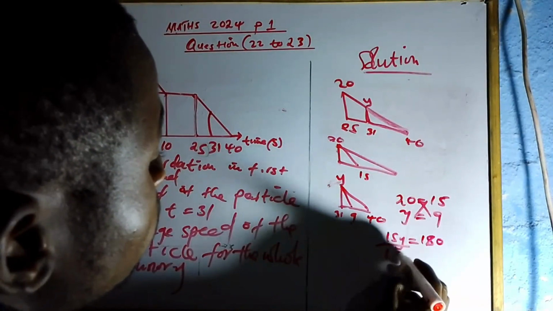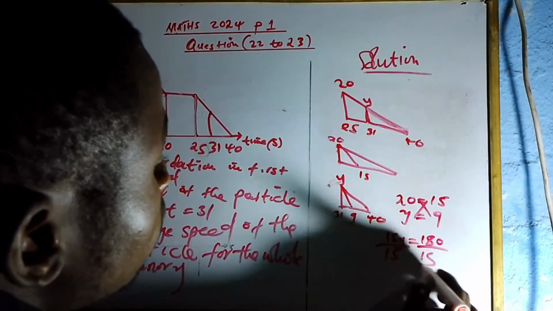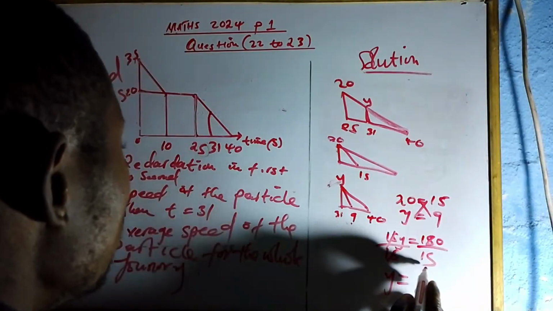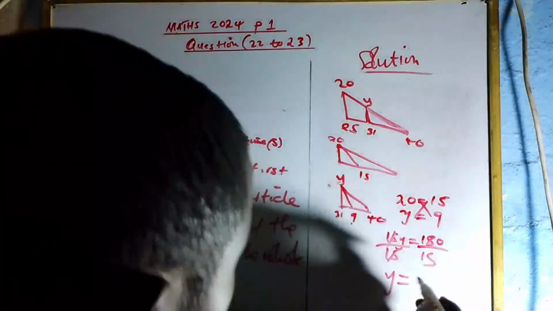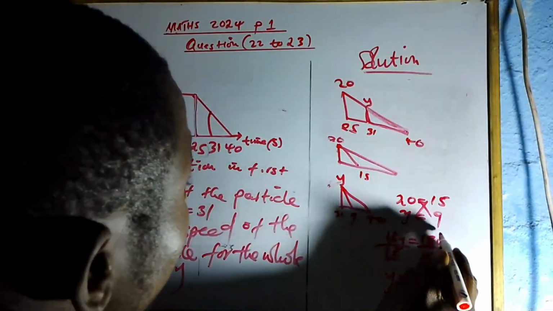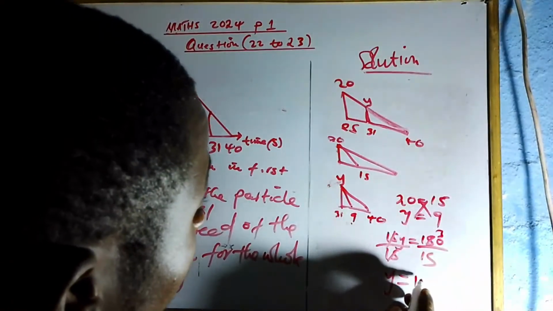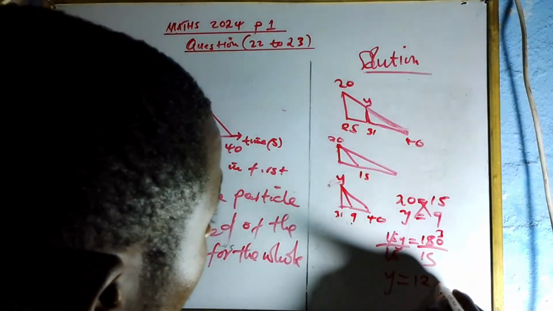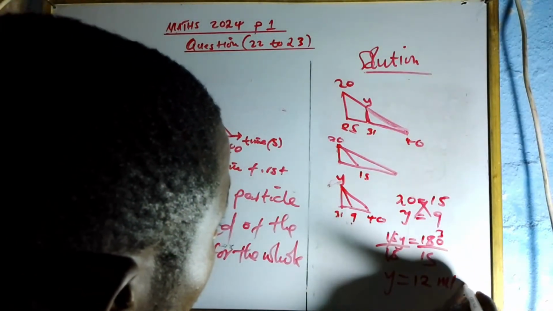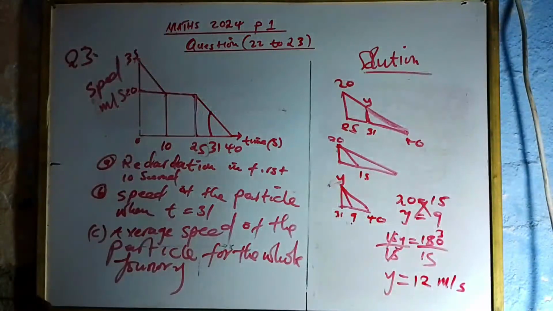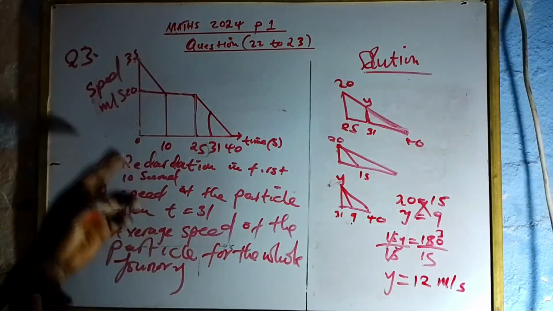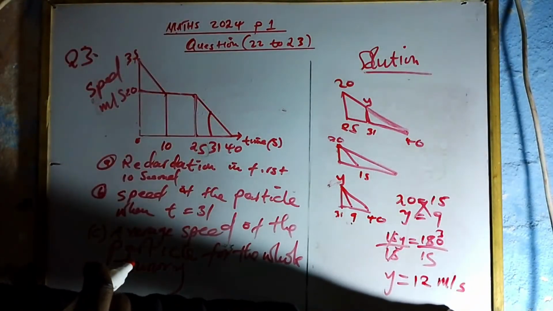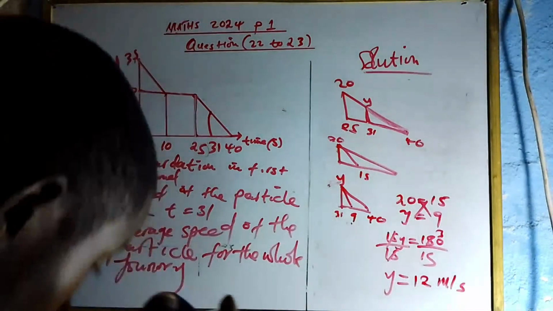Then divide throughout by 15, in which y equals 180 divided by 15, which is 12 meters per second, because we are only asked to find the speed, which is the velocity. The velocity is measured in meters per second.